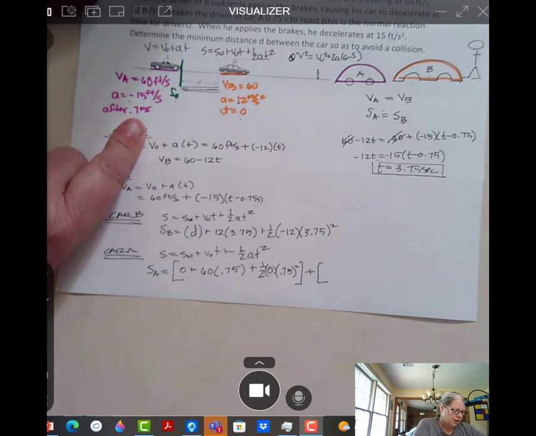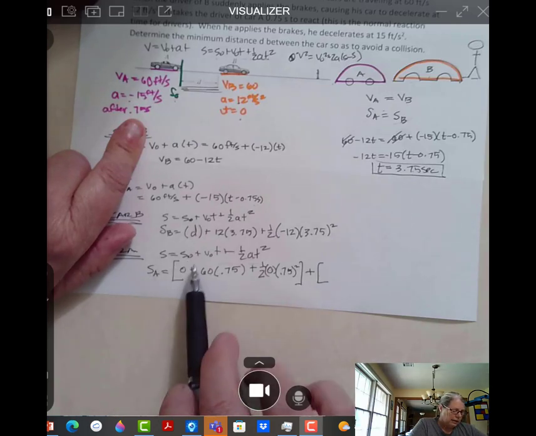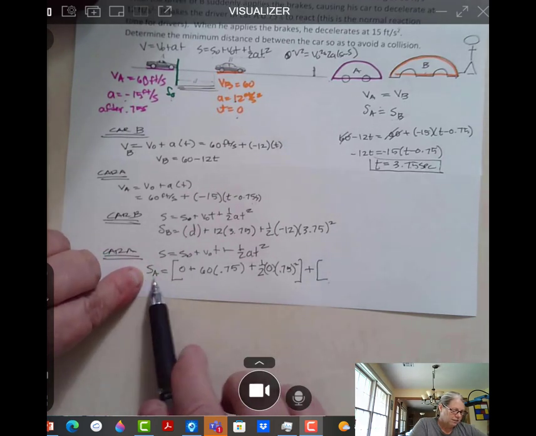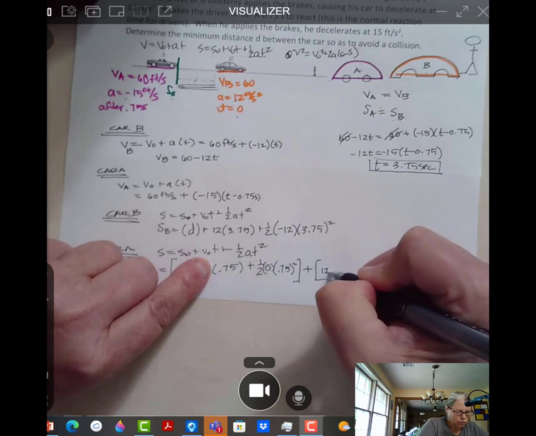I've already taken care of that, I started at 0, and the amount of change that I'm going to have during this second bit of time is, my velocity is 12.